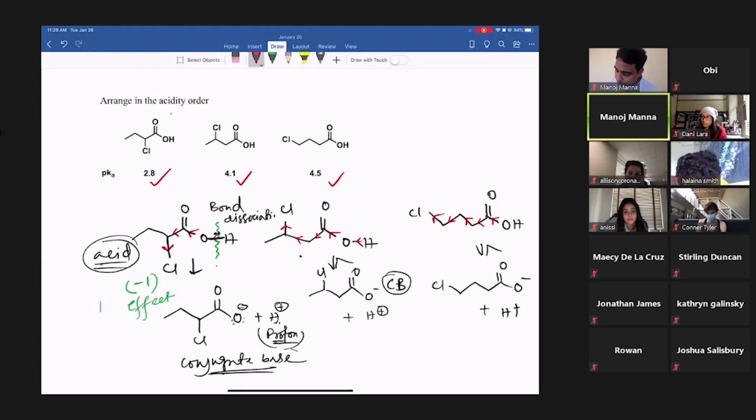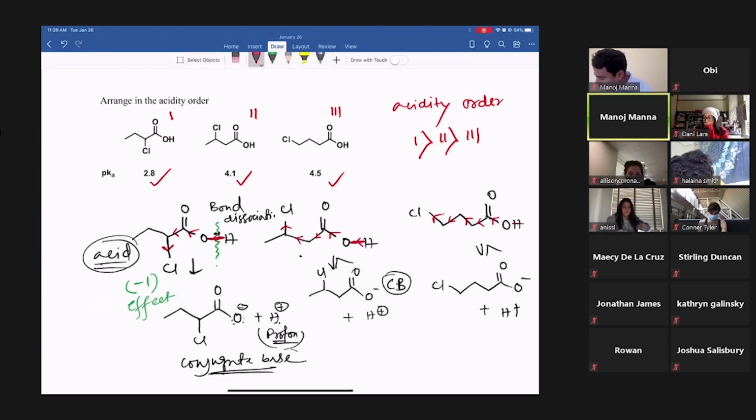The most acidic compound is this one, then this one, then this one. If we arrange them as 1, 2, 3, the acidity order is 1 greater than 2 greater than 3. Now why so? That's the role of the inductive effect. Here chlorine is close to the bond that is dissociating: 1, 2, 3 bonds apart. But here chlorine is 4 bonds apart, and here 5 bonds apart.